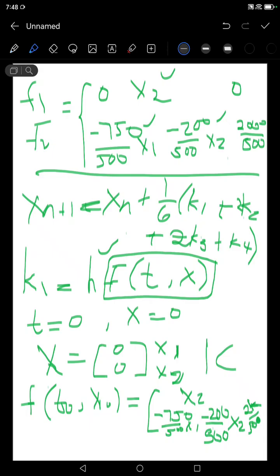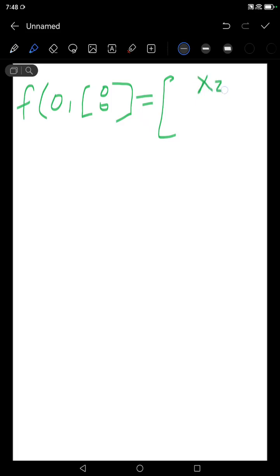So what we're going to do, remember we have the f of 0, and then here we're going to write our displacement like this from the initial condition. Okay, and then here we have x2, and then we have that 750 over 500, and then we have minus 200 over 500.